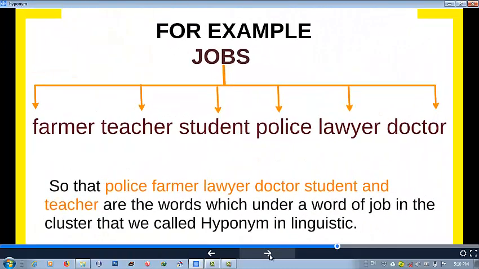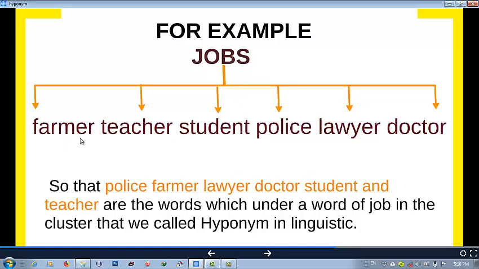Alright, here we go. For example, I put the word jobs. A job is the main word, or the top word, in the cluster of words. So farmers, teachers, students, police, lawyers, and doctors are the words under it, meaning that the words are under the word job.